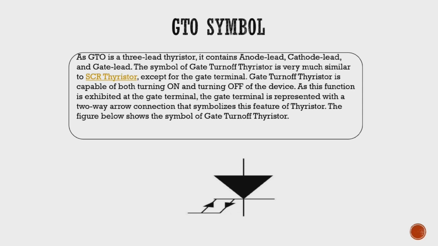Gate turn-off Thyristor is capable of both turning on and turning off the device. As this function is exhibited at the gate terminal, the gate terminal is represented with a two-way arrow connection that symbolizes this feature of Thyristor. The figure below shows the symbol of gate turn-off Thyristor.